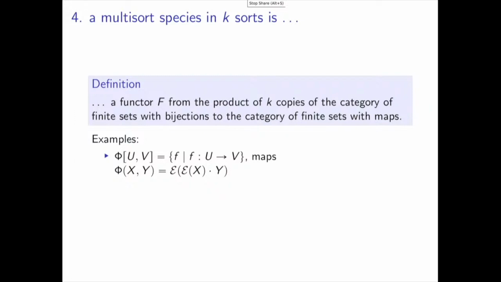One natural extension of species, and an important extension if we really want to do research, is so-called multi-sort species, or if you prefer multivariate species. You don't have one set of labels, but you have several of them, like labels in X, labels in Y, labels in Z, and then you would like to compute with them, and the same operations work.